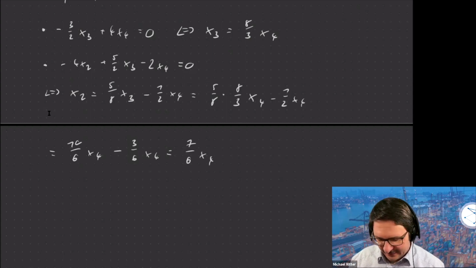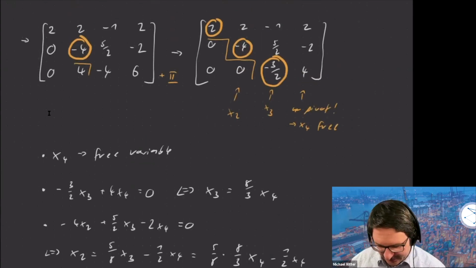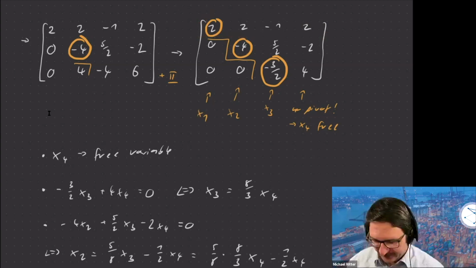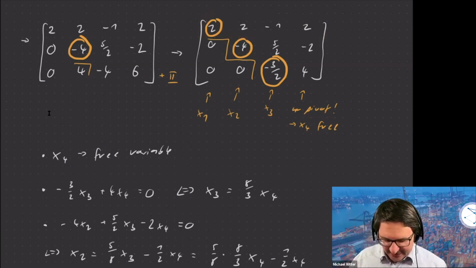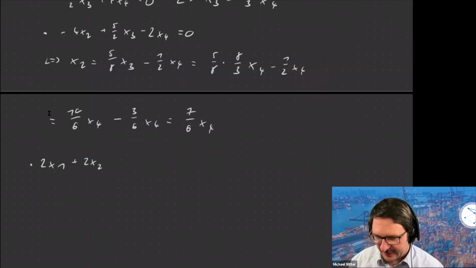And finally, last one. This first column here, that corresponds to x1, the pivot element here. So we can use that first column and solve for x1. And the equation we get here is 2x1 plus 2x2 minus x3 plus 2x4 equals 0.